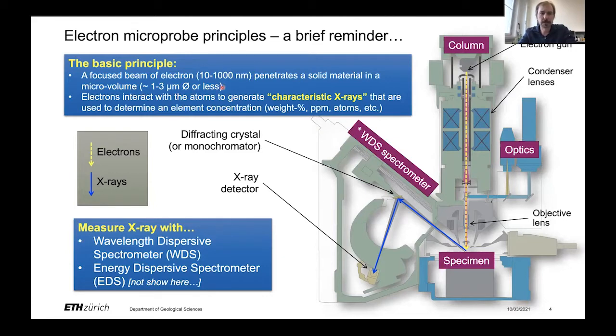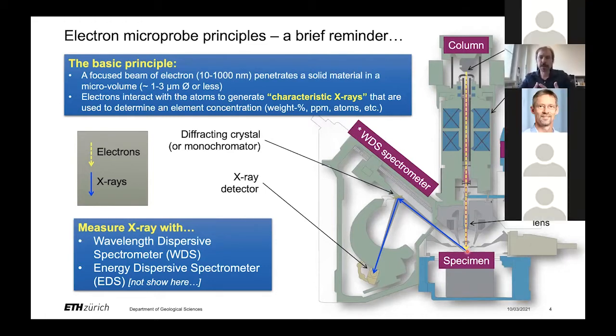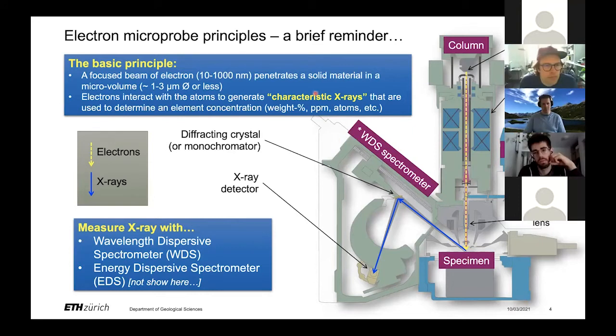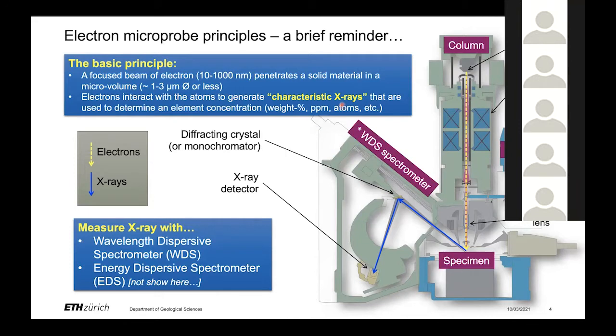We'll see that also. So when the electrons arrive in your samples, they interact with the materials. There are many signals that are generated. Among them, there is one very important one, which is the characteristic X-rays. These so-called characteristic X-rays are characteristic of an element, and they are used to calculate the element concentration.